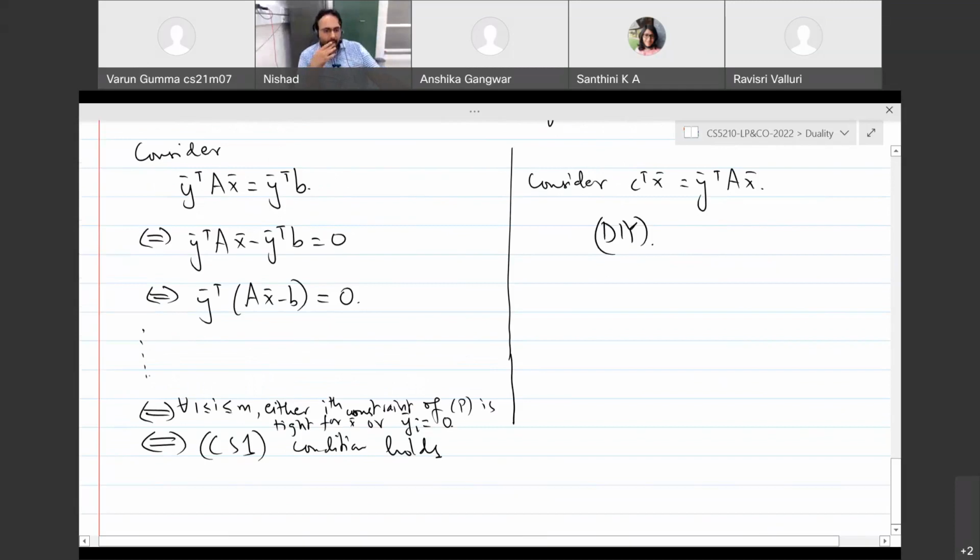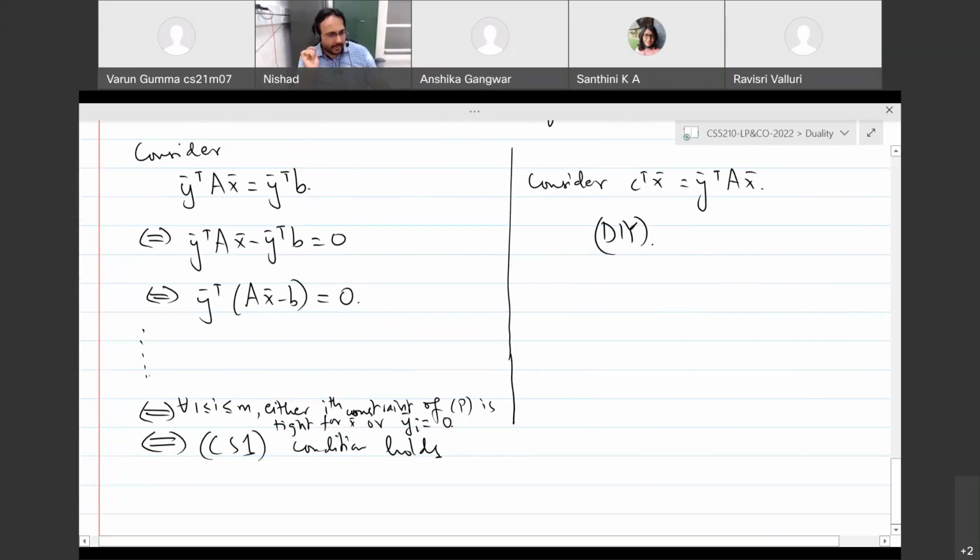Can someone help out? A x bar minus b is less than or equal to 0. So if the row is strictly less than 0 and the corresponding yi is not 0, then that would give a negative term and it won't be equal to 0. Okay, I see that you can probably see how this all works out.